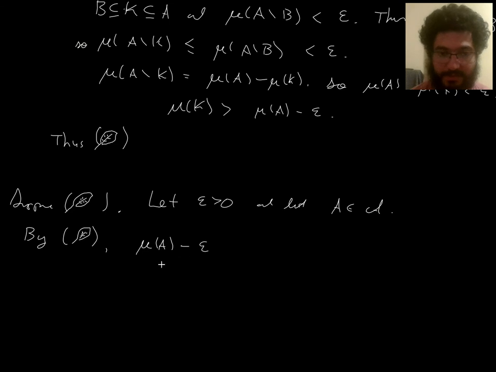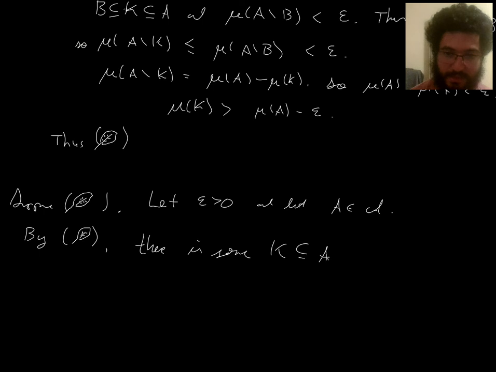So this is not an upper bound. So this must be exceeded by some element of that set. So there is some element of that set, some K subset A with K in there, such that mu of K is actually greater than mu of A minus epsilon.